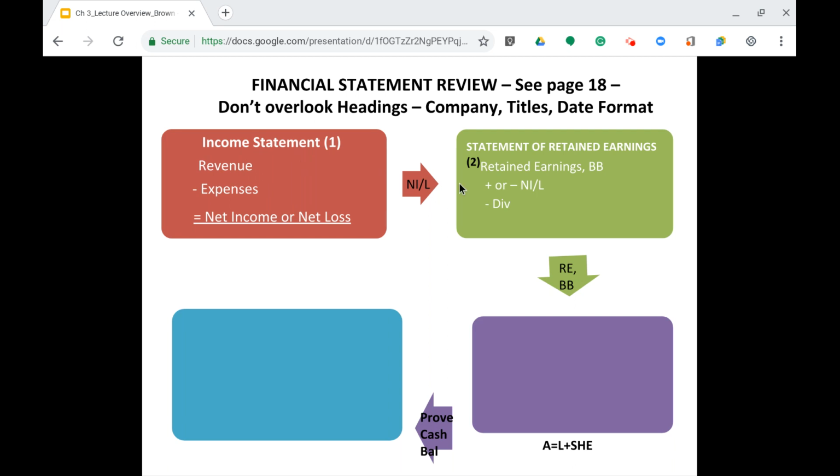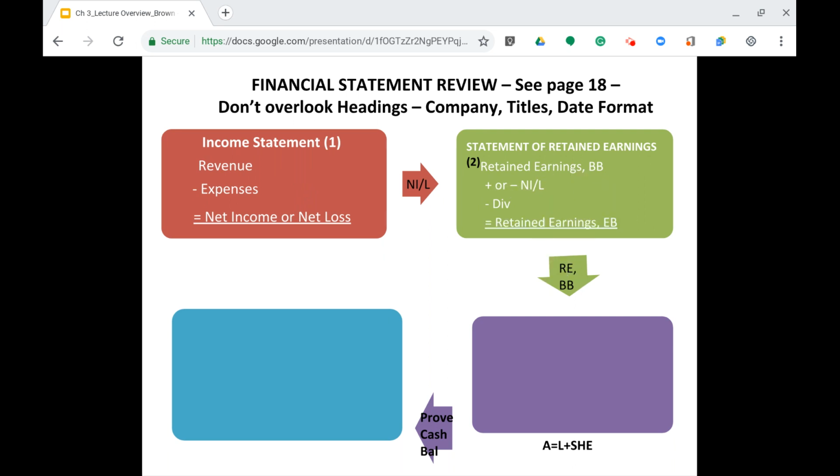Net income comes over. We add income, we subtract losses. Then we subtract dividends. Remember, on the actual page, you have some subtotals. Just like you have subtotals over here for total expenses, you have a subtotal between net income or loss and dividends. And then you get the ending balance in retained earnings.